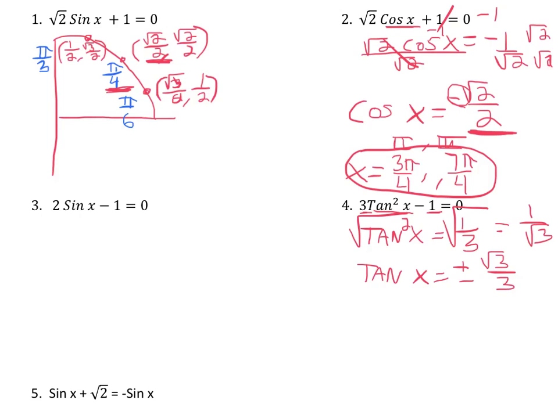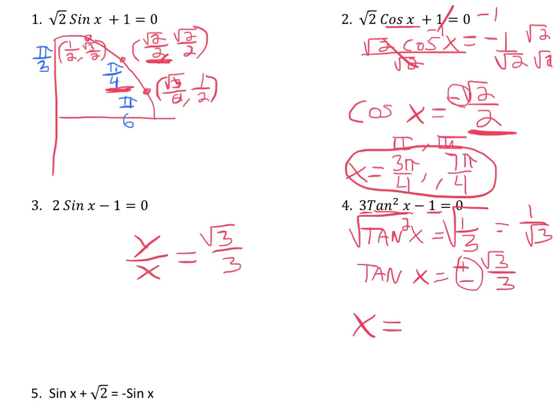Now this one's a little bit different. Since you have this plus or minus, you're going to have 4 answers, one in each of the 4 quadrants, because you're covering all the positive and negative values. So you have to do a little more thinking. Tangent is y over x in the unit circle, so when you take y and divide it by x, it has to equal root 3 over 3.